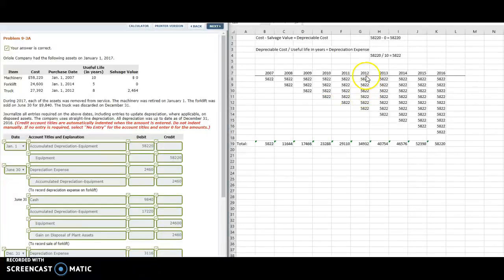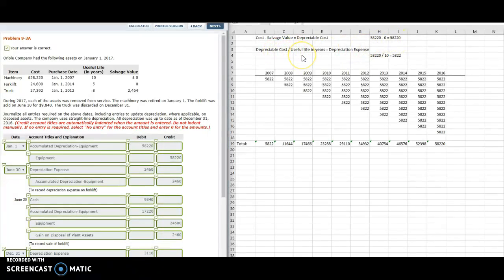And I made up a little chart here that shows the actual depreciation process for that machinery. We know that cost minus their salvage value equals our depreciable cost. So original cost of equipment is $58,220 minus the $0 they expected for salvage value gives us our depreciable cost of $58,220.